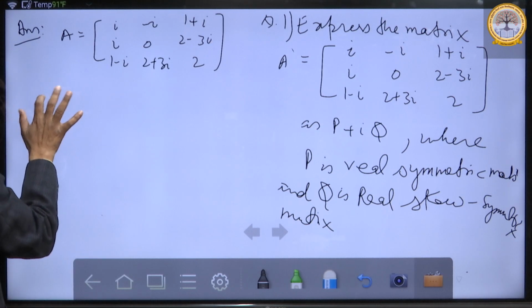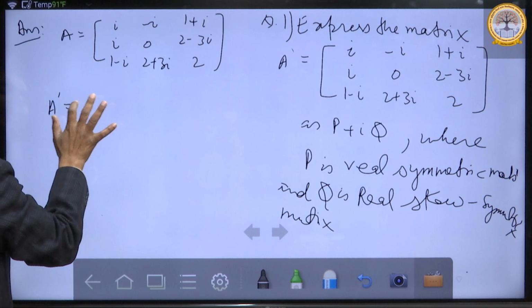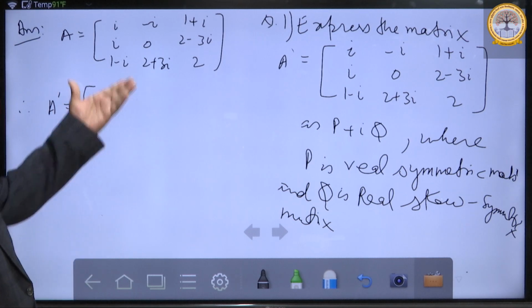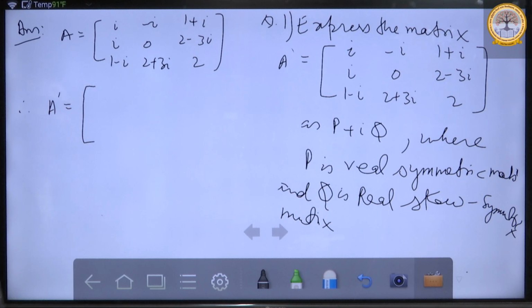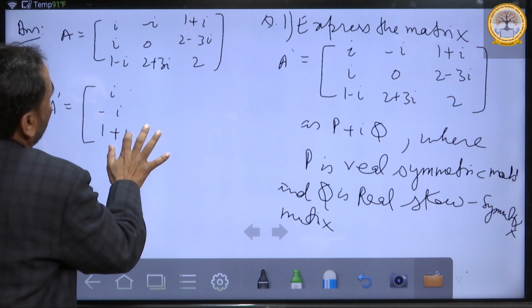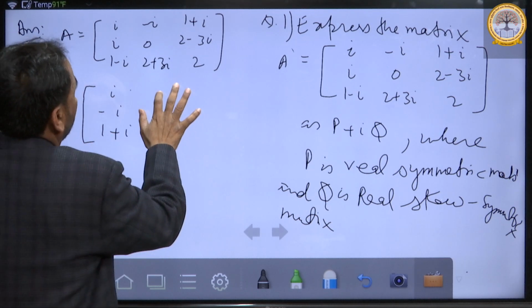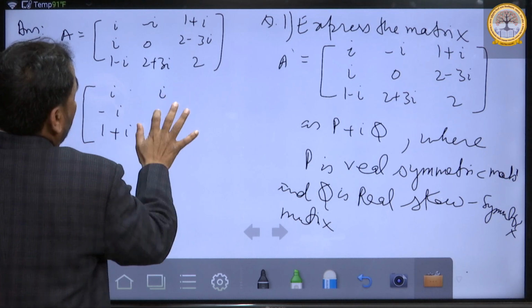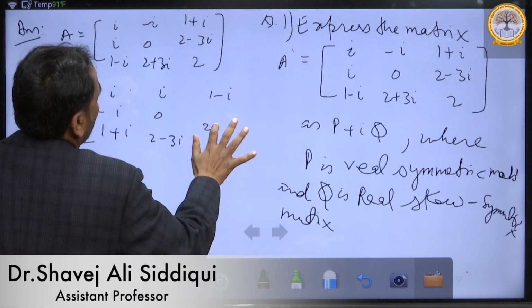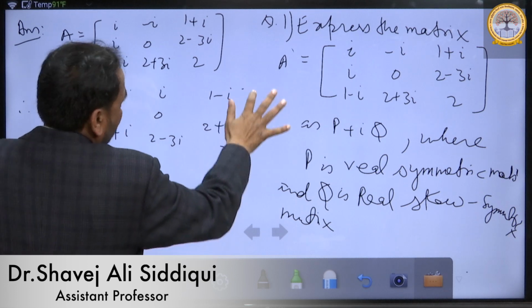Now A dash means transpose of matrix A. It means that here we take the transpose of the matrix A, so [i, minus i, 1 plus i] and [i, 0, 2 minus 3i], then [1 minus i, 2 plus 3i, 2].